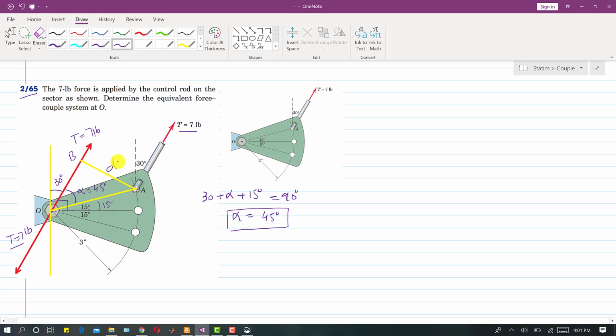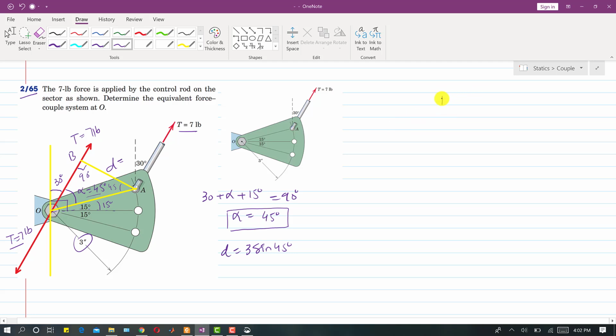So this means that D is equal to 3 sine of 45. This is the perpendicular distance, so this should be 90 degrees. This angle is 45, so this will also be 45. For this alpha of 45 degrees, this AB side is the perpendicular, so it will be the sine component of that 3-inch radius. So D will be equal to 3 sine of 45 degrees.